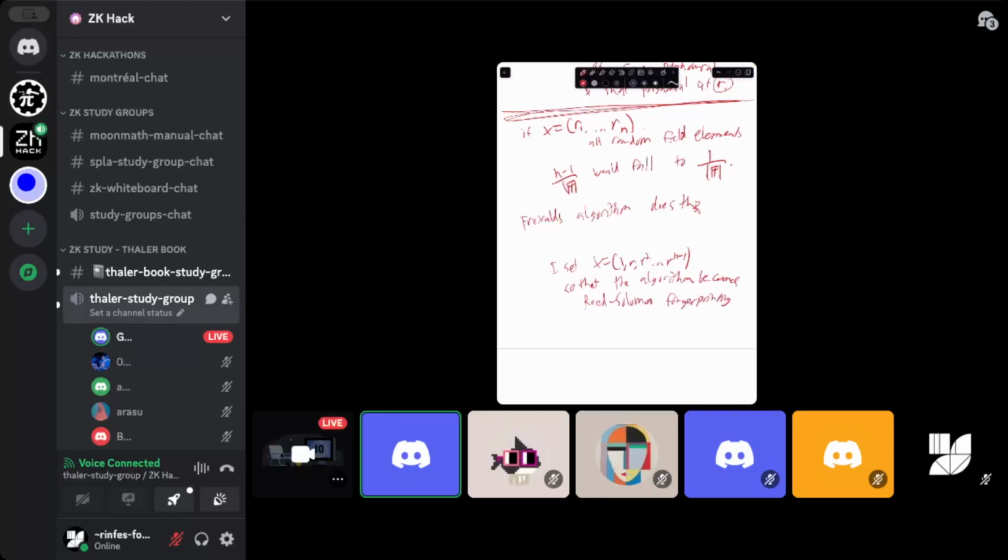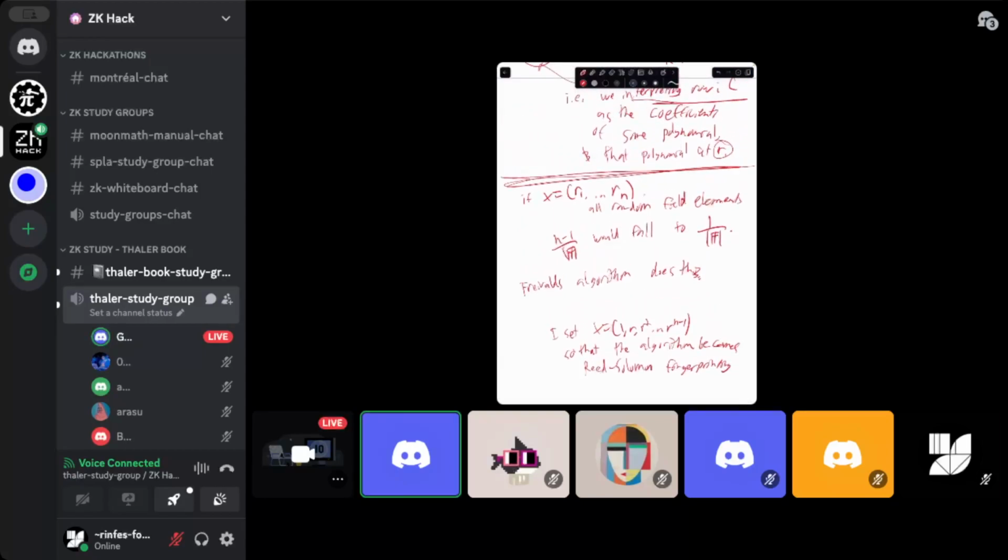In particular, you don't need the notion of multivariate polynomials to prove this statement about the failure probability, though when X is fully random that is the cleanest and nicest way to analyze it.